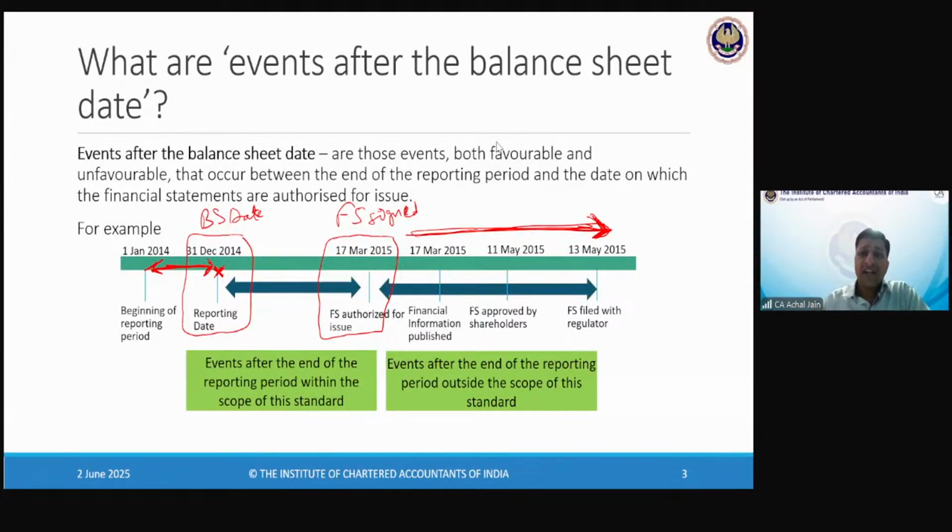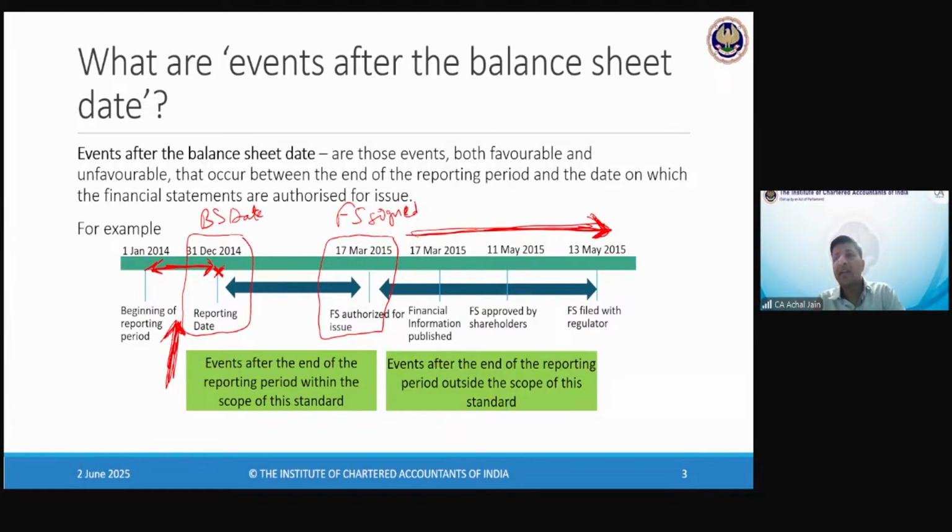Now what is our objective? So let's try to understand. Our objective is to finalize the financial statements for our reporting year. Okay, so that's the objective. Means currently we are preparing the financial statements for the reporting year, 1st January 2014 to 31st December 2014.